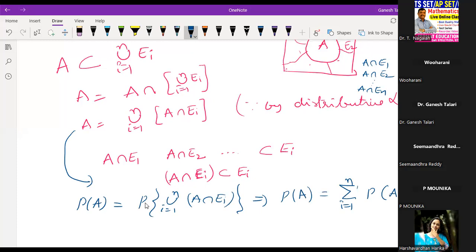Based on the multiplication theorem, we can write this as summation of probability of Ei into probability of A given Ei.